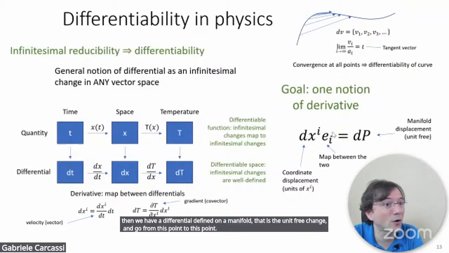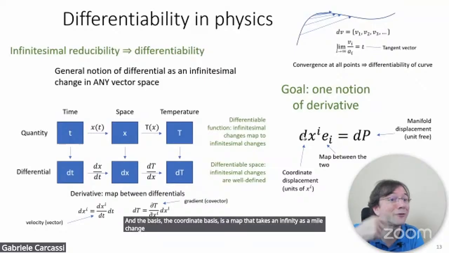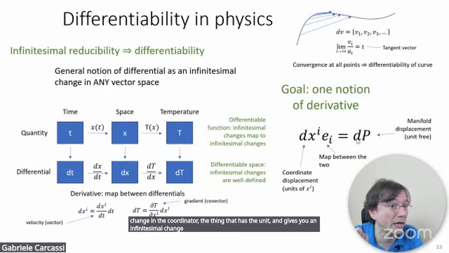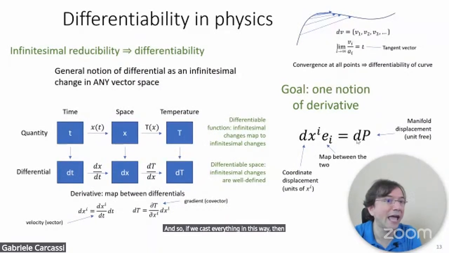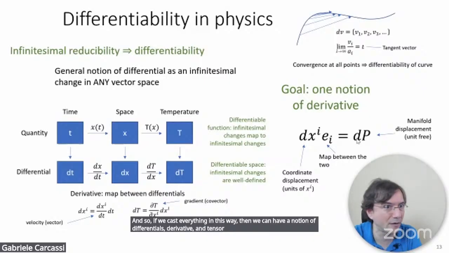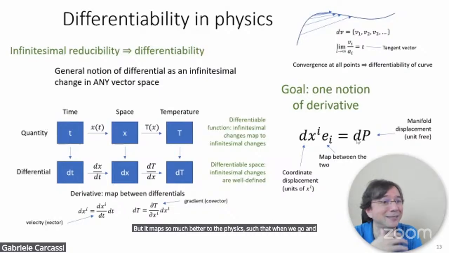And the coordinate basis is a map that takes an infinitesimal change in the coordinate, the thing that has the unit, and gives you an infinitesimal change on the manifold, which is unit-free. If we cast everything in this way, then we can have a notion of differentials, derivatives, and tensors that is still mathematically precise, but maps so much better to the physics, such that when we look at the geometry of phase space and all these things, they actually make sense.